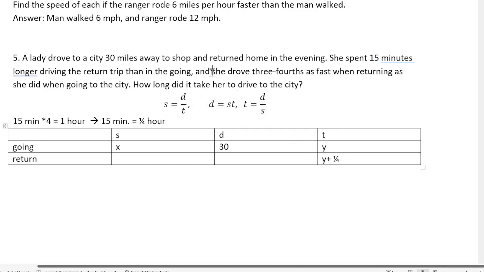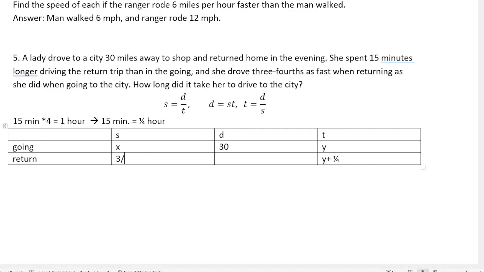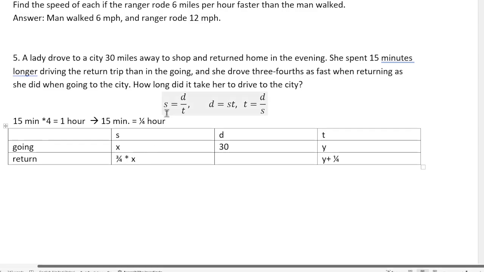Yeah, so it took me a bit to understand that what it's saying is that returning was slower than when she was going to the city. So the speed of returning was 3/4 as fast. Now, some of you might immediately see this and say, oh, this means it's 3/4 times x. But some of you might not easily see this.